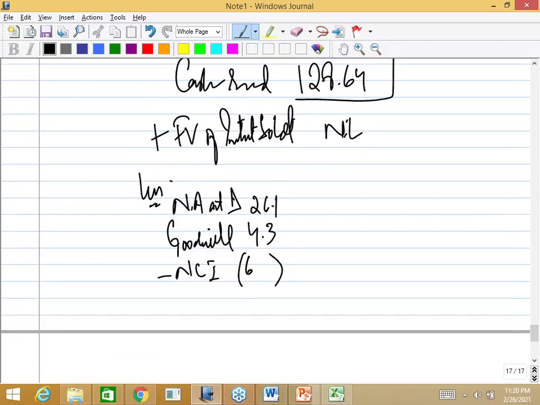So when you deduct 6.16 from this figure, 26.1 plus 4.3 minus 6.16, the value will be 24.24.